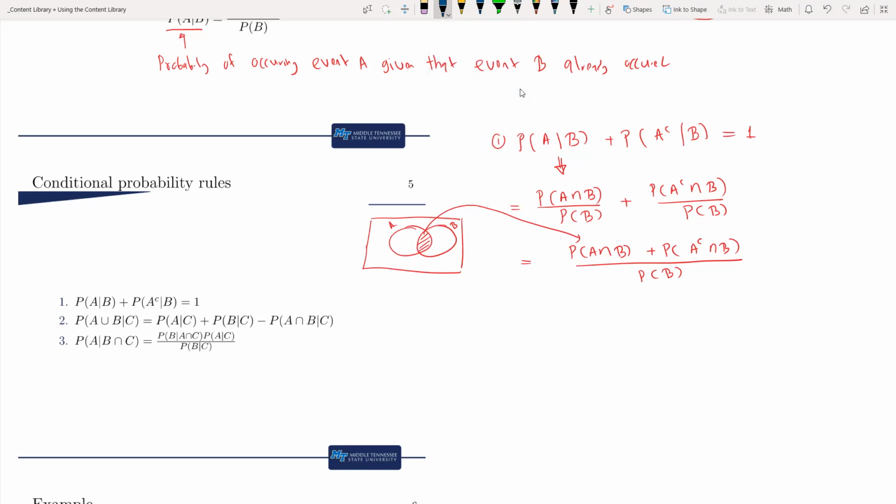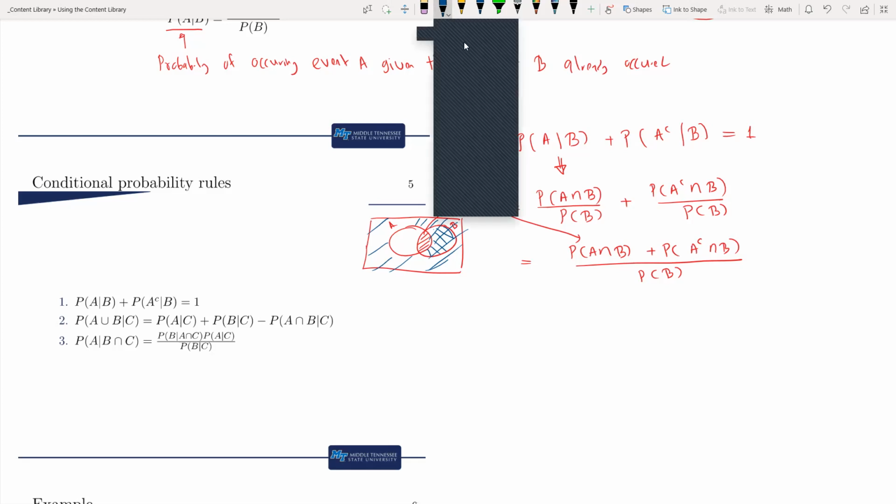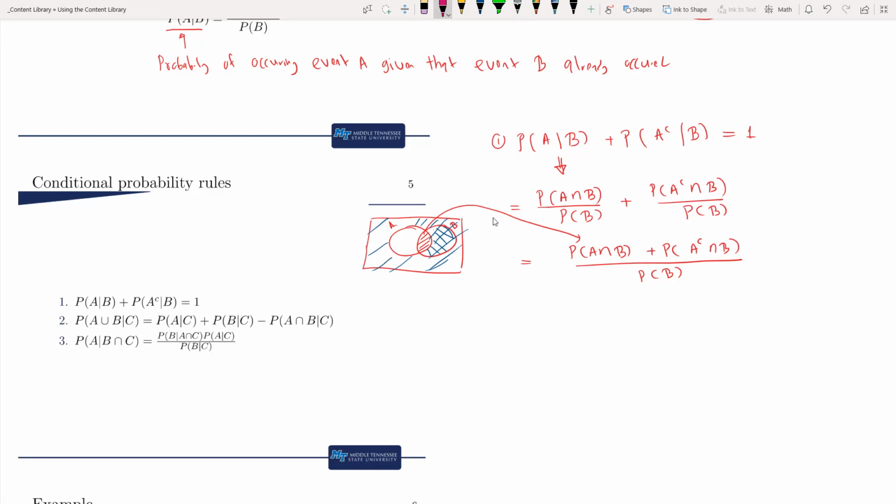If you shade the area correctly, A complement is outside of A, which is this, and then the "and B" means you have to intersect with B. So at the end, you would get this area, which is colored by both. This entire thing ends up as probability of B. So you have probability of B divided by probability of B, which is 1. So that's the first rule.